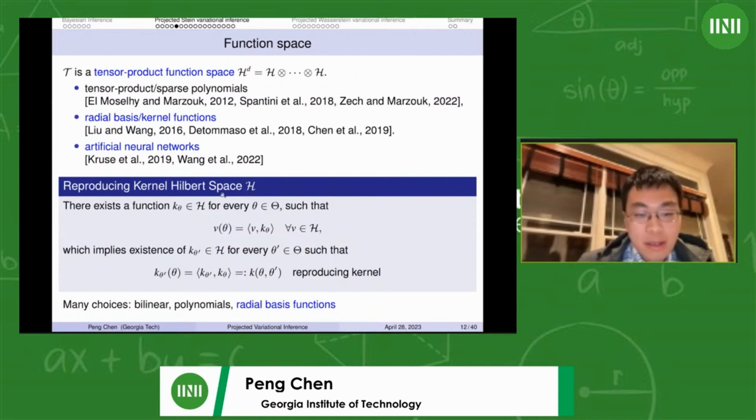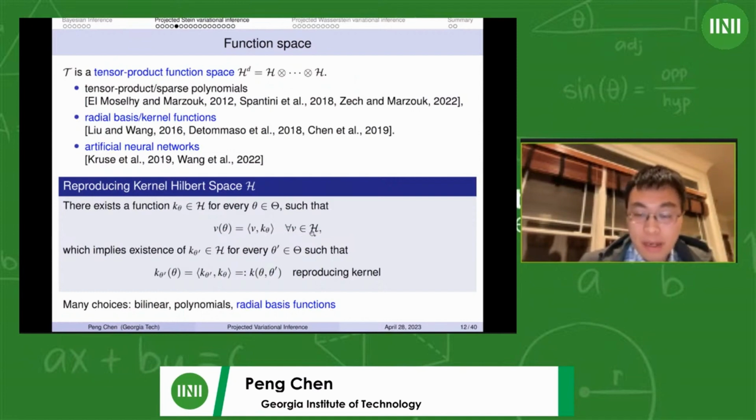Essentially, for such a space, there exists a function, a kernel K of theta, for every parameter theta in the parameter space. It satisfies the reproducing property: any function V evaluated at parameter theta can be given by an inner product of V and K of theta.